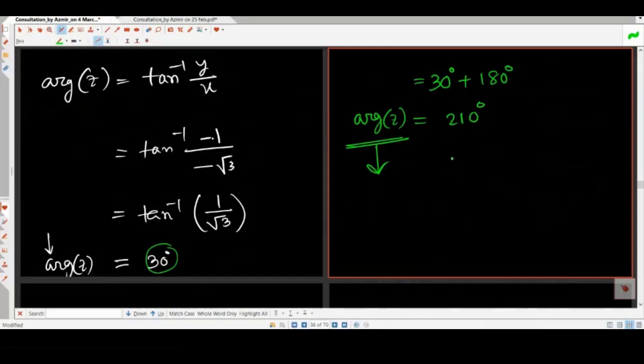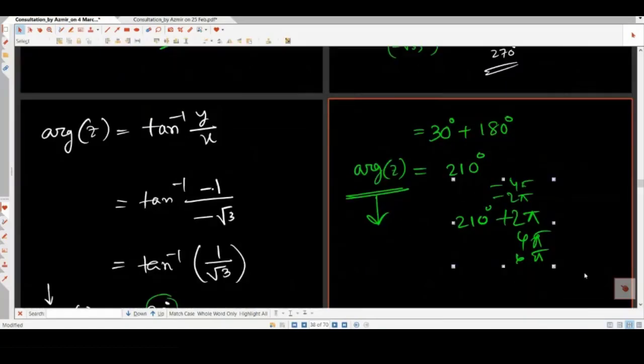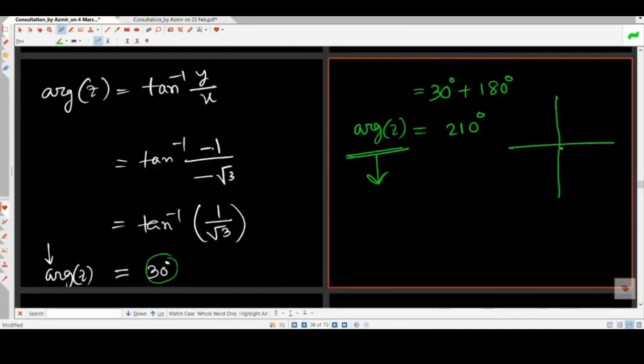We can write this one as 210 degree plus pi plus 4 pi plus 6 pi. We can subtract negative 2 pi, negative 4 pi. So we can go on like this way, we'll find so many arguments. But we need to find out of all these arguments, which one is the principal argument.